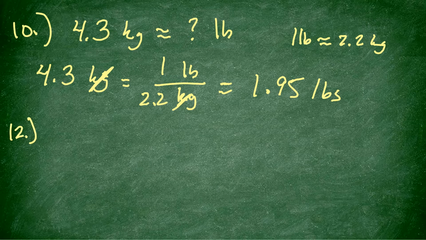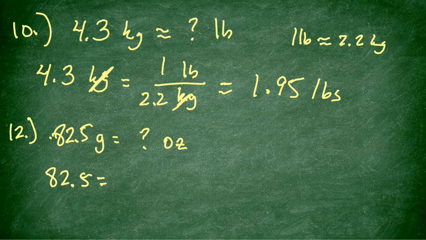12. 82.5 grams equals how many ounces? All right, so I have 82.5 times, sorry, ounces on the top. I want the grams on the bottom, so they cancel. Boom, boom. So 1 ounce, I believe, is 28.3 grams.